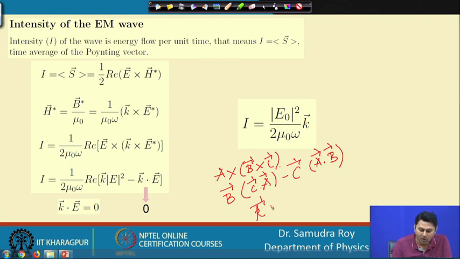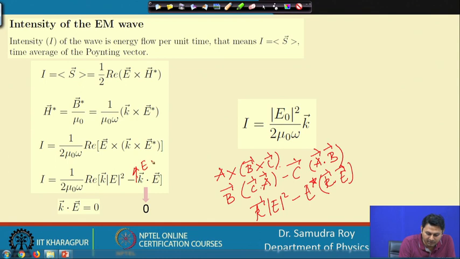If I dot E star and E, it will be mod of E square, minus C here, which is my E star, and then we have A dot B, that means k dot E. I have a mistake here: one E star term should be there, be careful.